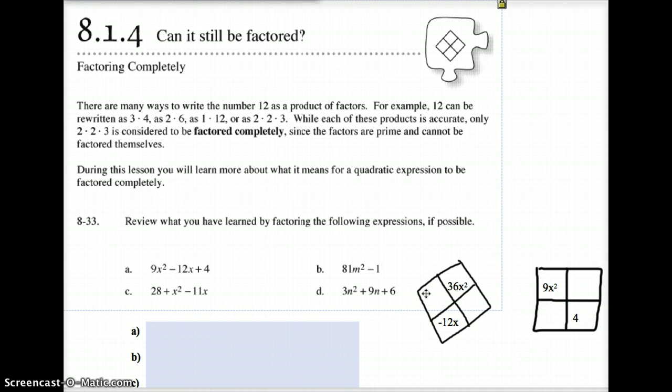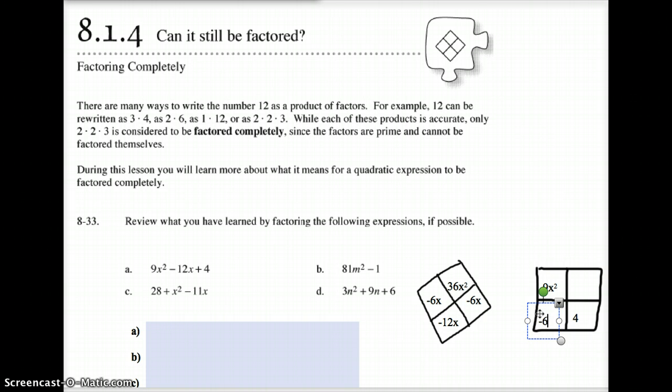So we've got a negative 6x over here and a negative 6x over here. Position those correctly.